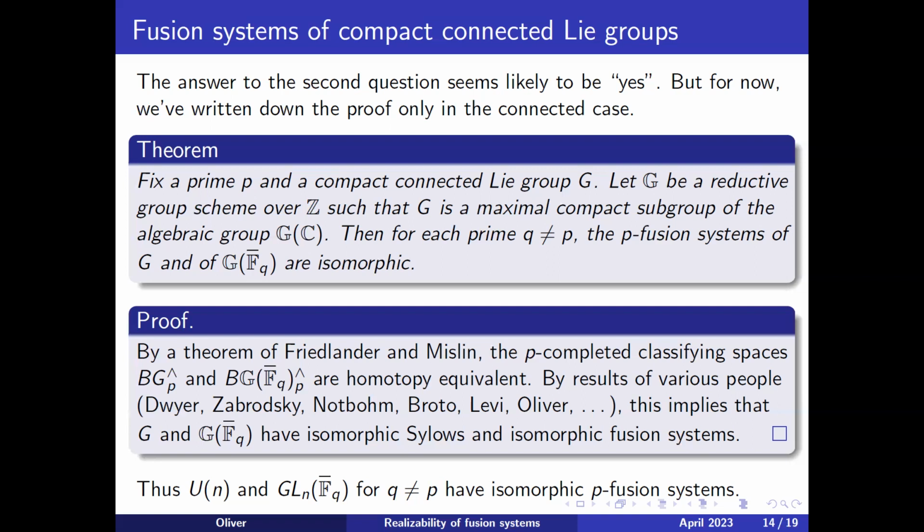So for example, U_n is a maximal compact subgroup of GL_n(C). And so what that means in this case is that U_n and GL_n(F_q-bar) for q a prime different from p have isomorphic fusion systems at the prime p.